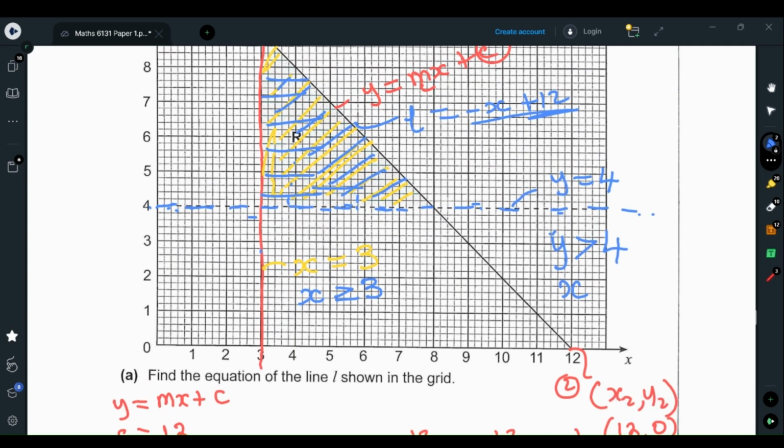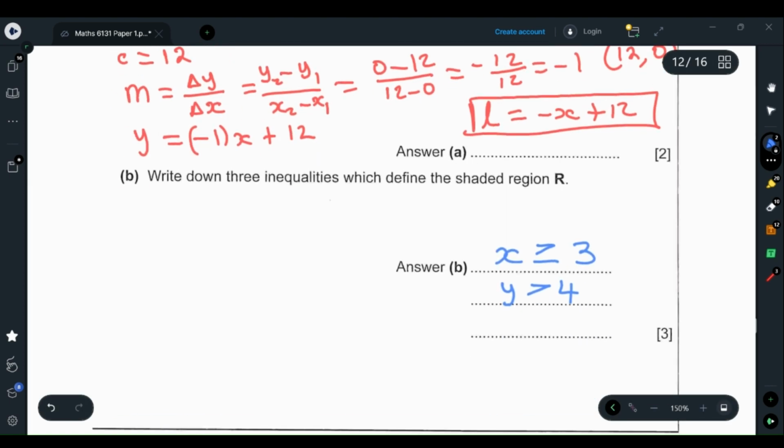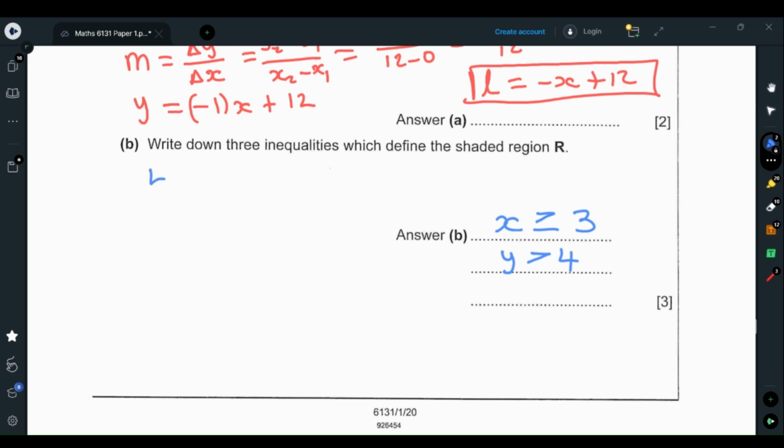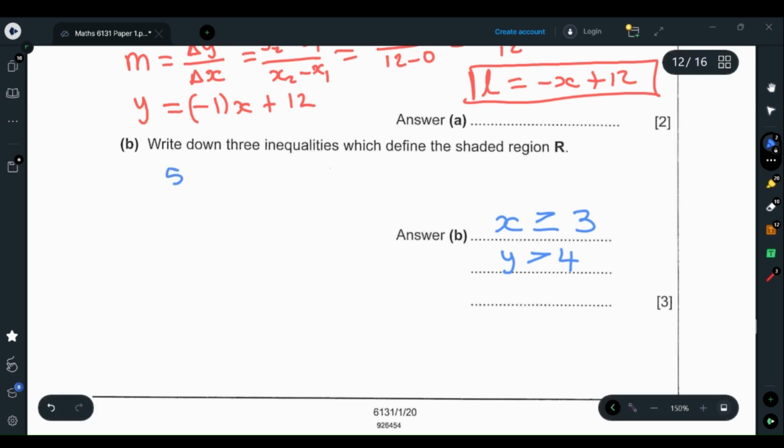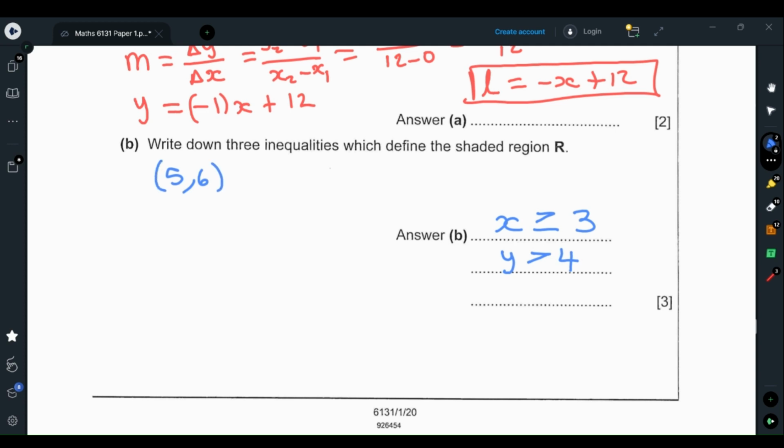For the last equation, let's pick some points. Let's pick the point 5, 6. Testing it in our equation, minus x plus 12, y is 6 and x is 5.